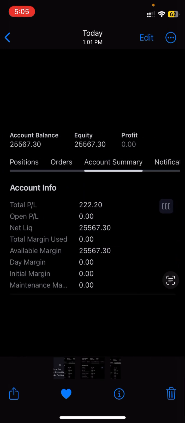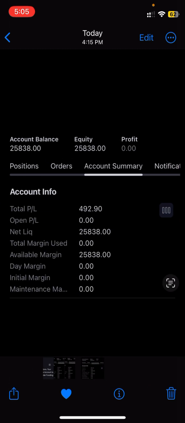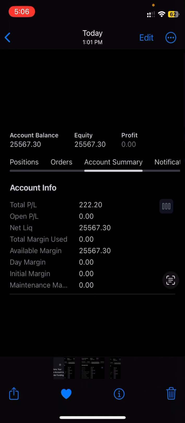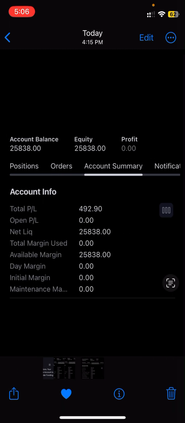And today I brought it up to 567, and now we're at 800, because at around 2 to 3 o'clock I was able to pull it up a little bit higher after that initial profit.